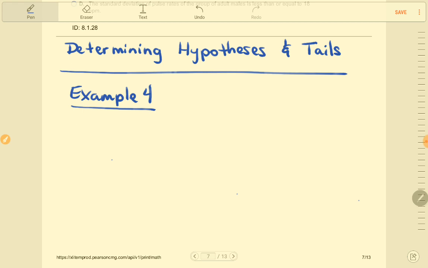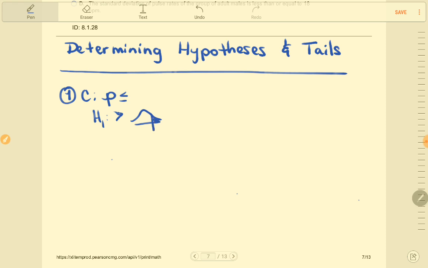All right, so that was 4 examples, all dealing with P. So what did I do? Example 1, the claim was that P was less than or equal. And so this turned out to be an alternative like this, which means it was a right-tailed test.